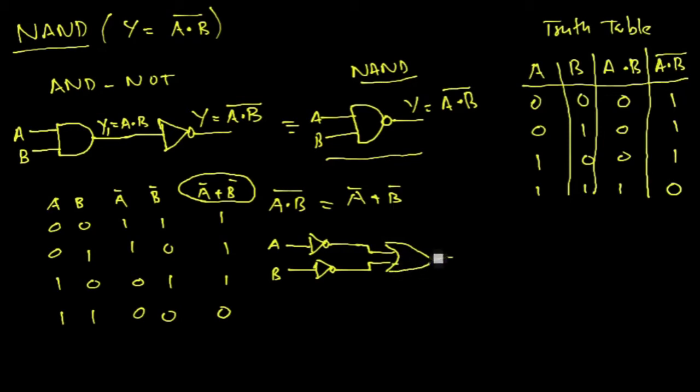The output will be Y is equal to A complement or B complement. This can be symbolically represented like this: an OR gate with two bubbles at the inputs.